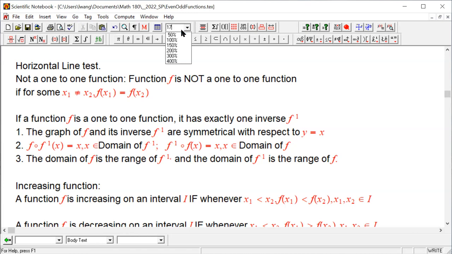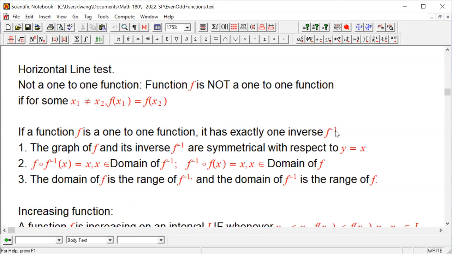Make sure you see that -1 over here. So each one-to-one function has exactly one inverse.